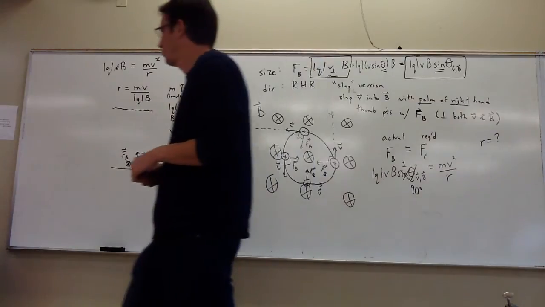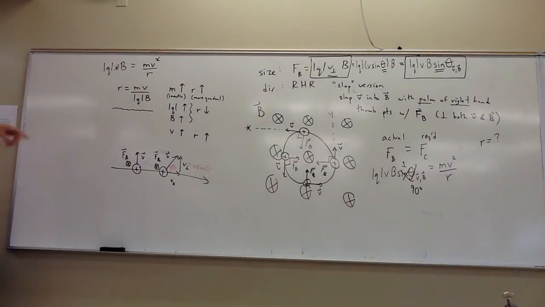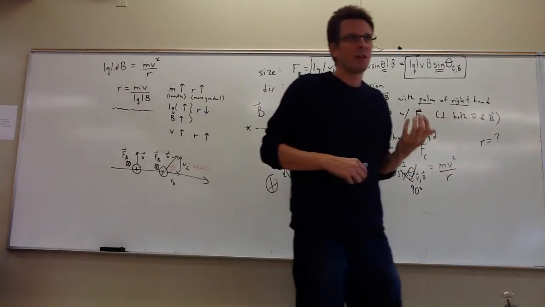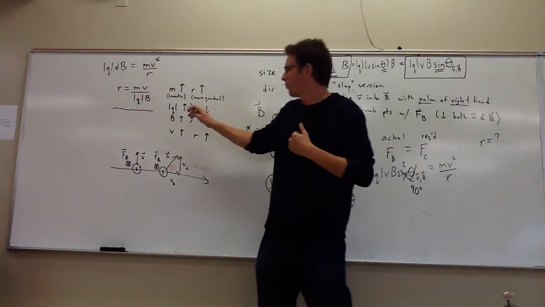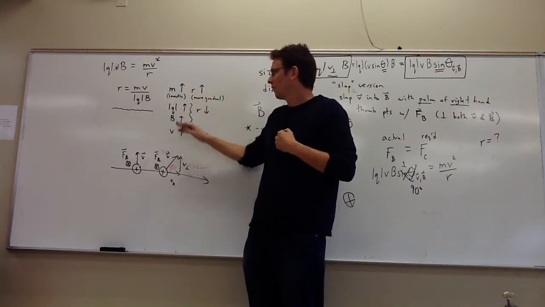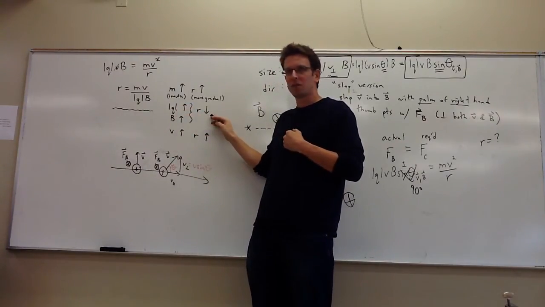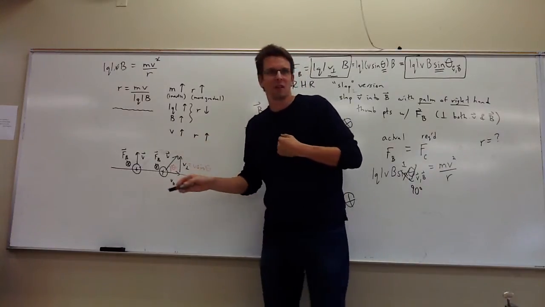Now that may seem counterintuitive with the point I just made, because we said that if you're going faster, the magnetic force is larger. So why is it that the magnetic force doesn't take hold of this particle and make it go in a tighter turn? Just like for these reasons, right? If the charge and magnetic fields are larger, the radius goes lower. So why does this seem like it goes the opposite?